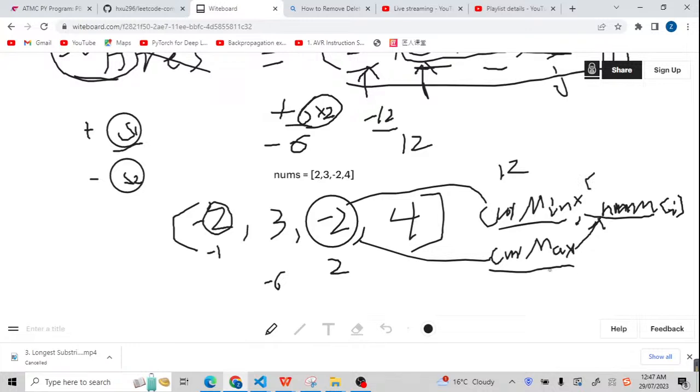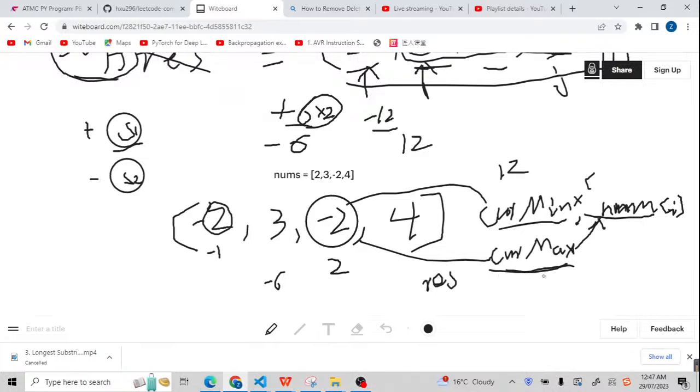And also I need the current maximum times nums[i], because this minus 2 can times the previous state, positive 6 or negative 6. It can be a state of the answer. So the final result should be my result compared with the current maximum.